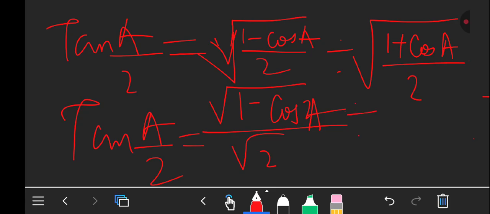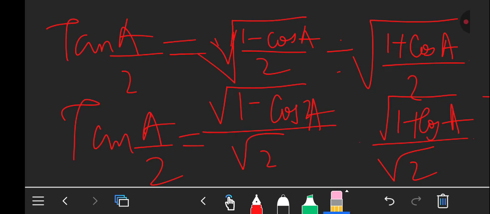Then here divide by, same applies to this one, you can just distribute the square root, so it will be equal to square root of 1 plus cos a over square root of 2. So if you find the reciprocal, you will discover that when you change the sign into multiplication, let me just wrap this apart.